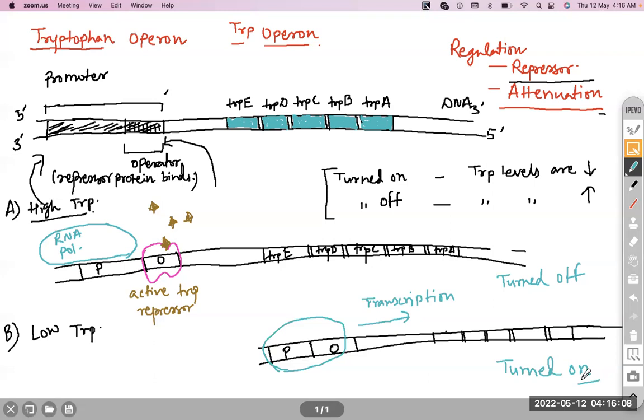So, in this mechanism, now you have seen the role of repressor protein in turning on and off this tryptophan operon. In both the cases, when tryptophan level is high and when tryptophan level is low. Okay, students? So TRP repressor, here you can see that it is acting as both.